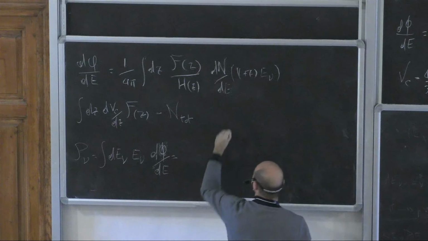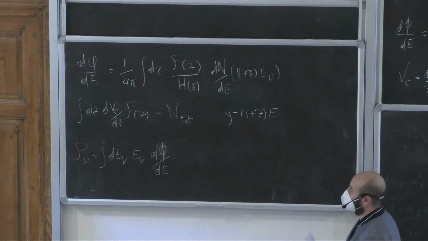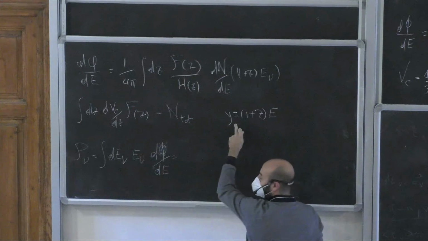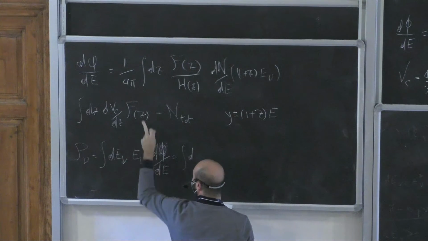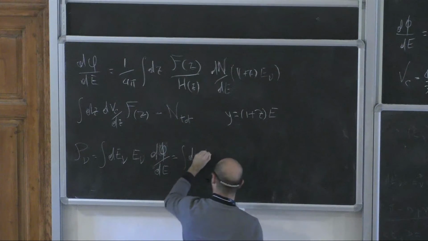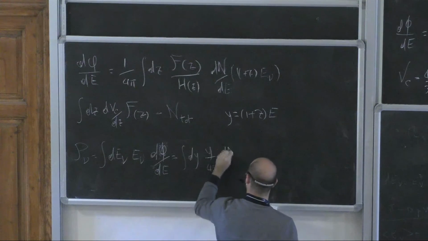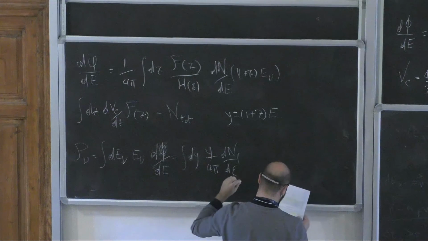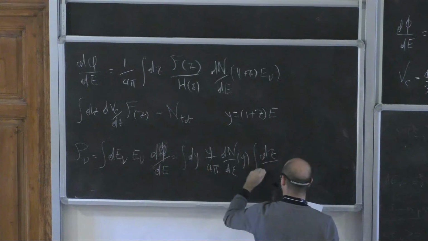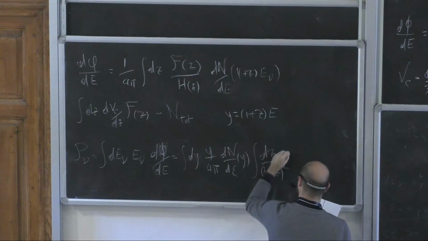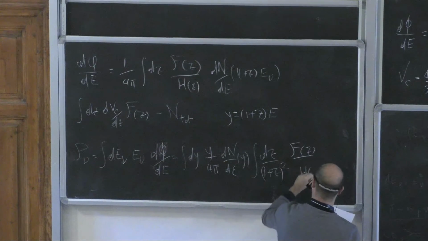Now I introduce my variable y, which is 1 plus z times E, and I want to change variable to y. I take the expression for d phi over dE that I derived, and I get dy y over 4 pi times dn over d epsilon as a function of y, times an integral just over redshift of f of z over H of z.